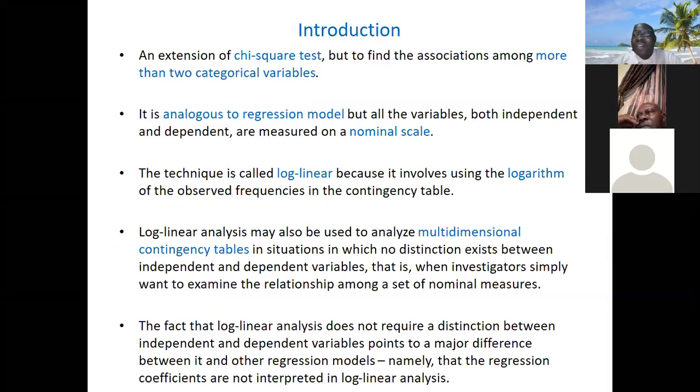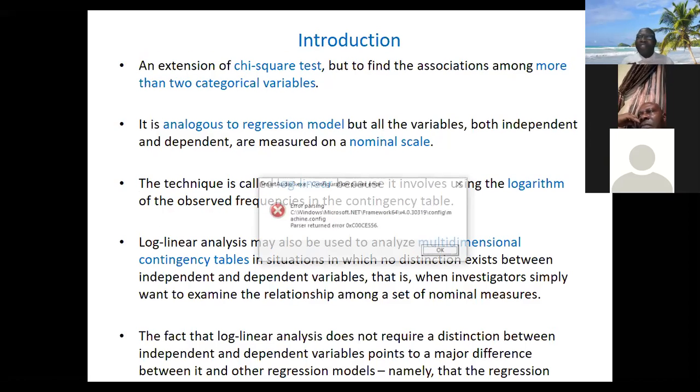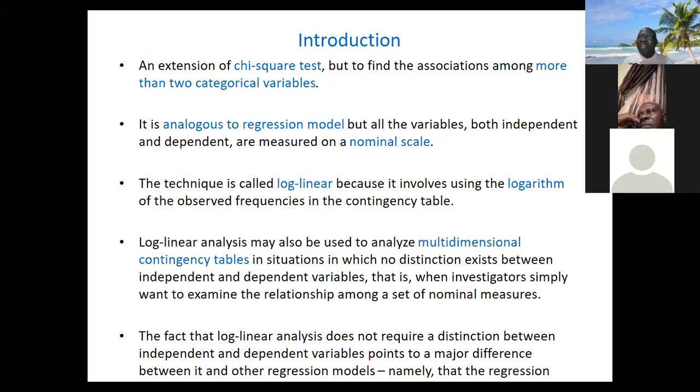When we are doing regression, we know that there's a dependent variable, which is the outcome variable. We also have one or more independent variables. If it is simple regression, one independent variable.